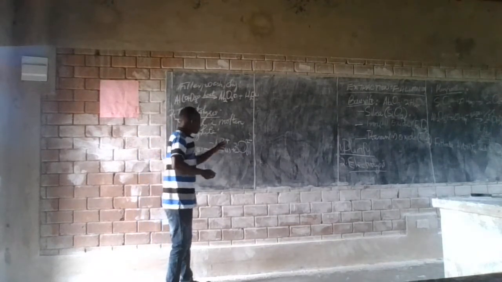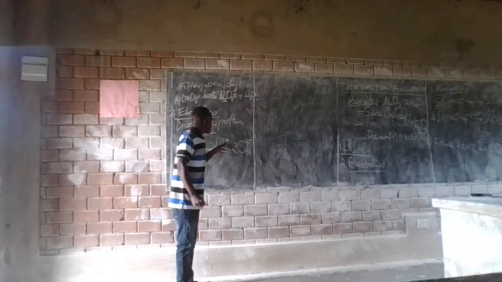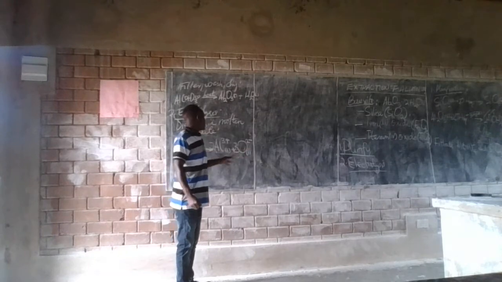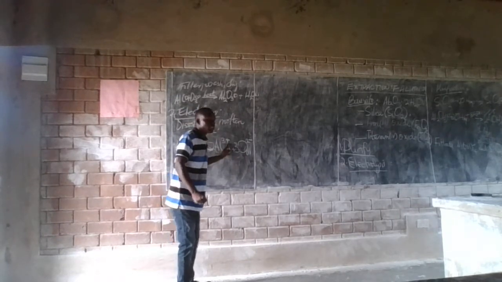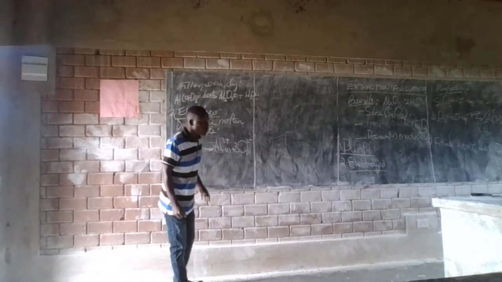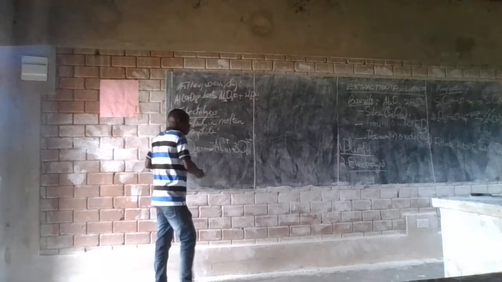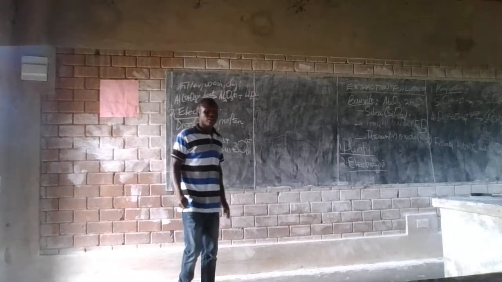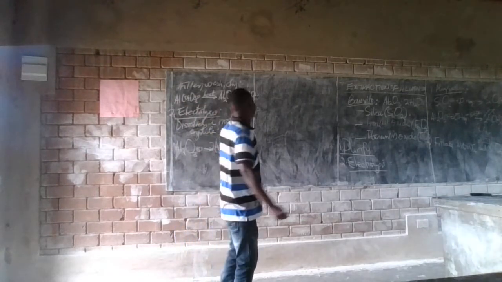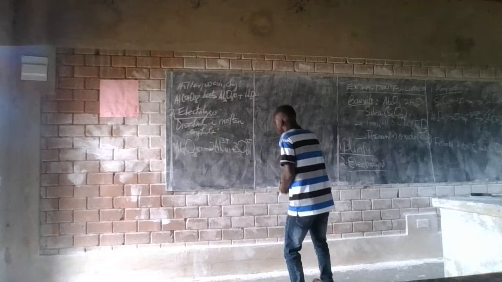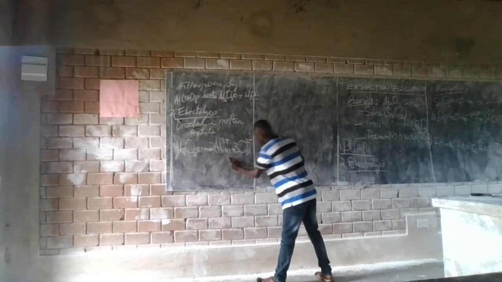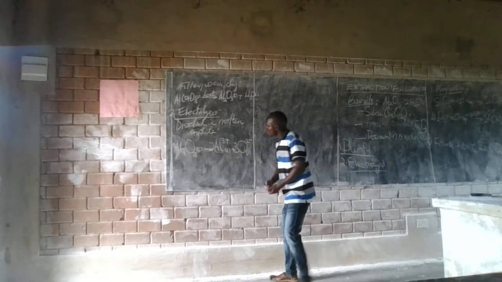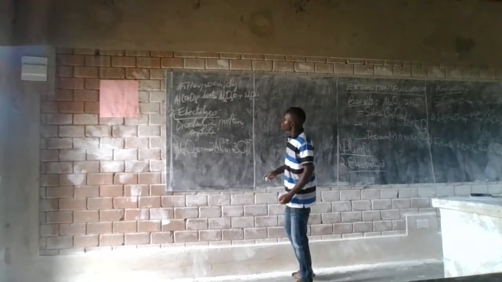So 2 times 3, that is positive 6, 3 times 2, negative 6. Negative 6 and positive 6 give a net result of 0. So we have a charge of 0 here, and here we also have a charge of 0. There is no charge on either side. So now, if I have my aluminium ion here and my oxide ion there, what we shall do, we are going to electrolyze.